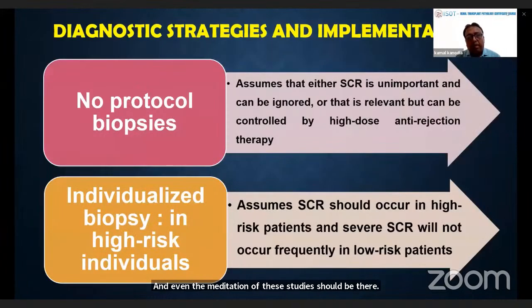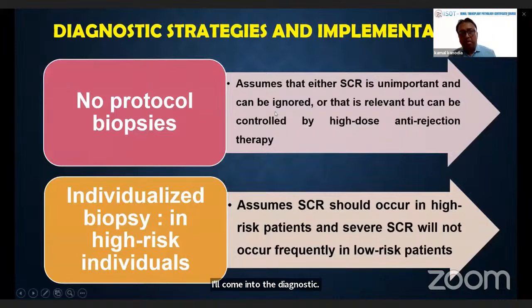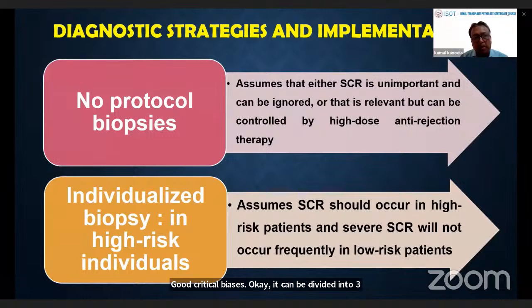Now coming to the diagnostic strategies for protocol biopsies. It can be divided into 3 parts: either no protocol biopsies, individualized or selected patient biopsy, or biopsy in all recipients.